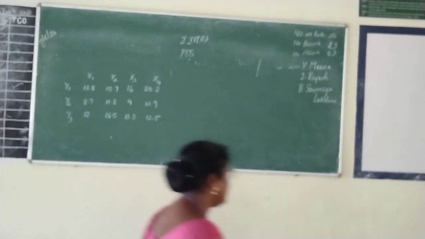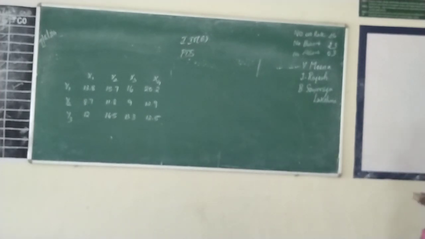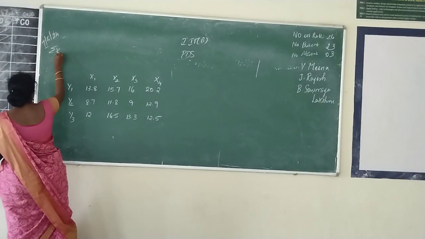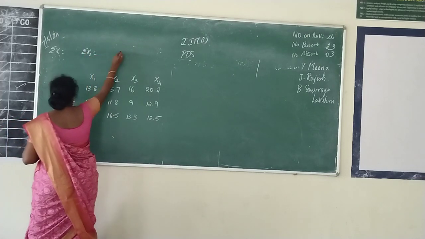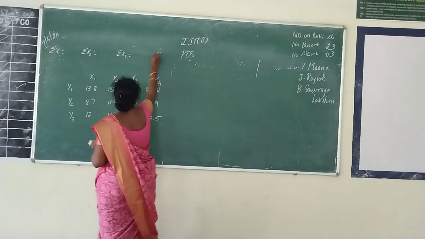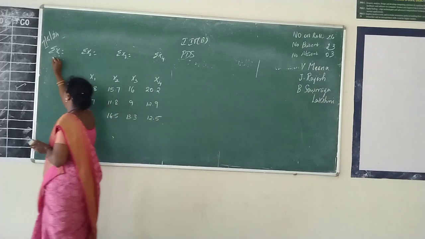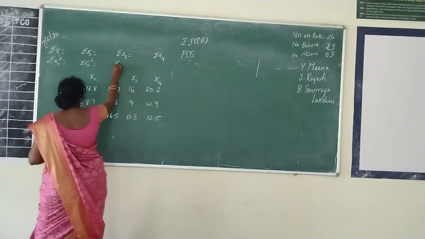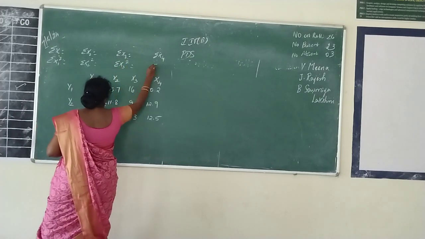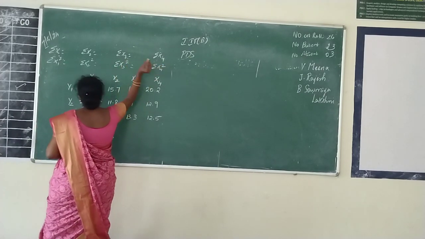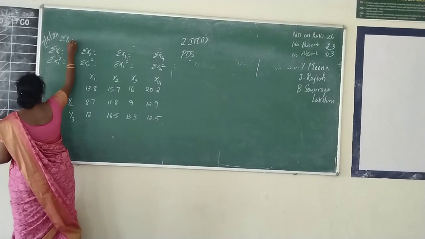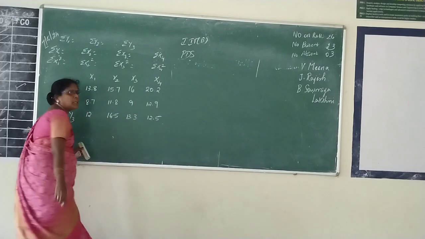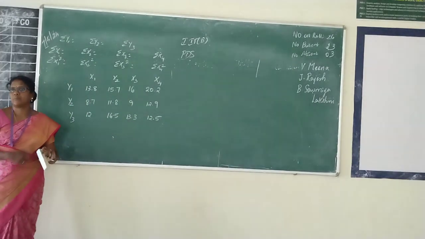So find the totals: the summation of x1, x2, x3, x4, similarly x1 square, x2 square, x3 square, x4 square, and y1, y2, y3, because we are going to include the row values also.